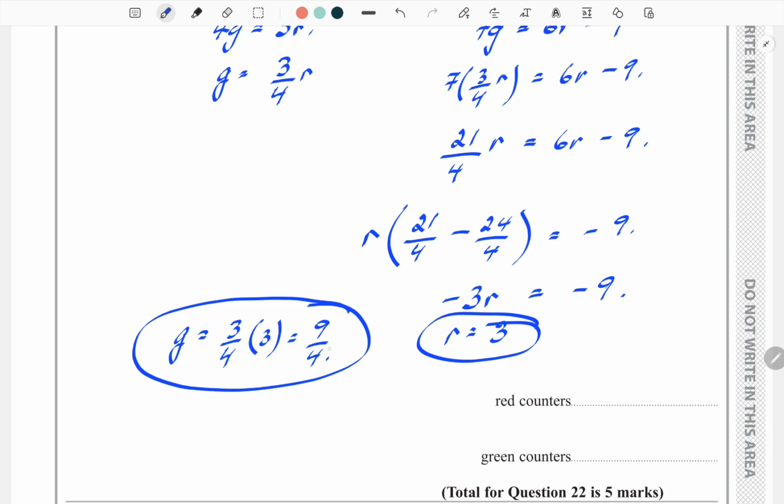So with this one here, right, it's got a denominator of 4. So times both numbers by 4, right? So G equals 9, and R is going to be that times 4, 12, all right? So the original number of counters in each of those, red was 12 and green was 9, all right?